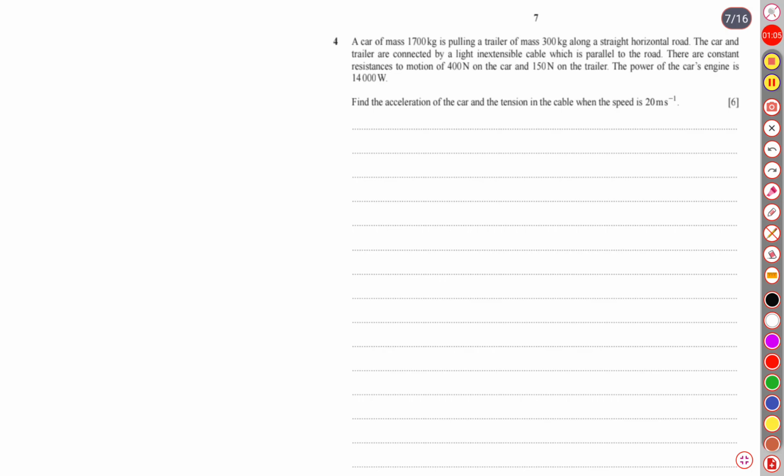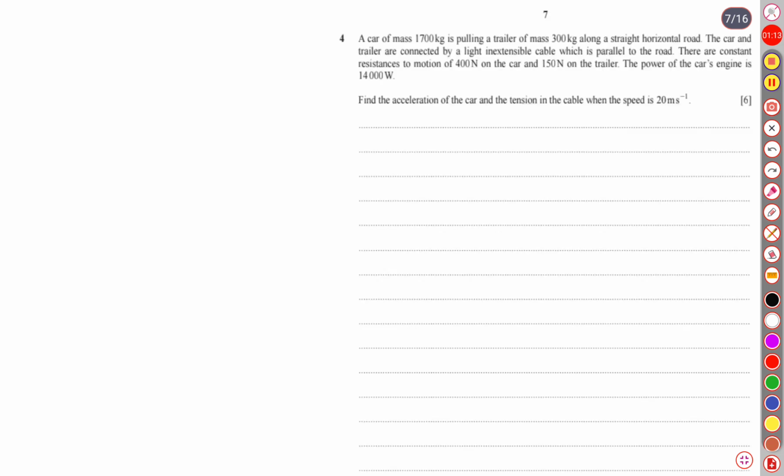So first of all, for any solution, we should find out the concept to be applied. So we are going to apply the concept of the motion law of Newton. And in terms of motion law of Newton, this is actually one of the simplest solutions. First of all, let me sketch the scenario.